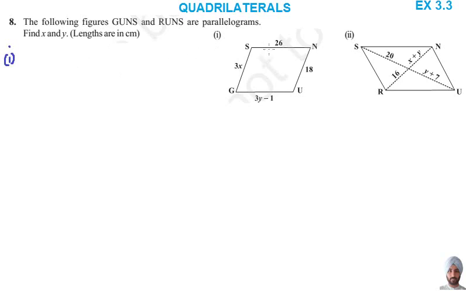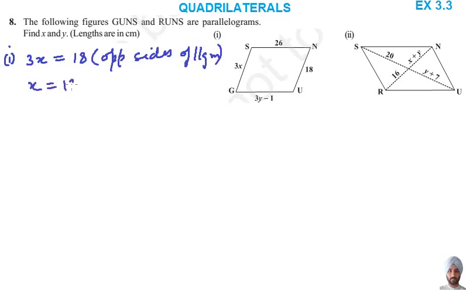Now we know that the opposite sides of parallelogram are equal. That means I can write that 3x is equal to 18. Remember, these are not angles, so I'm not putting degree over here. So why they are equal? Because opposite sides of parallelogram. You can write are equal also here, but opposite side of parallelogram is enough to write.